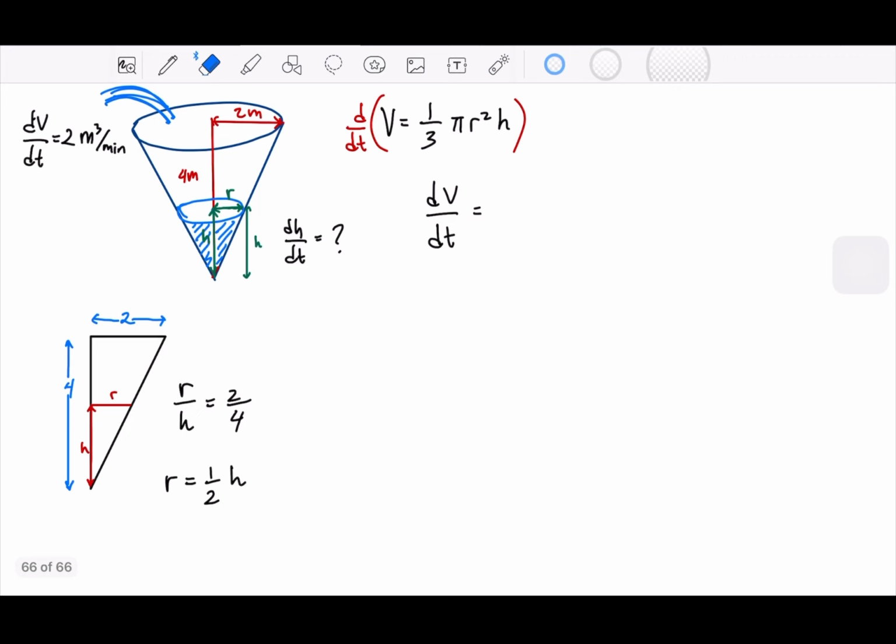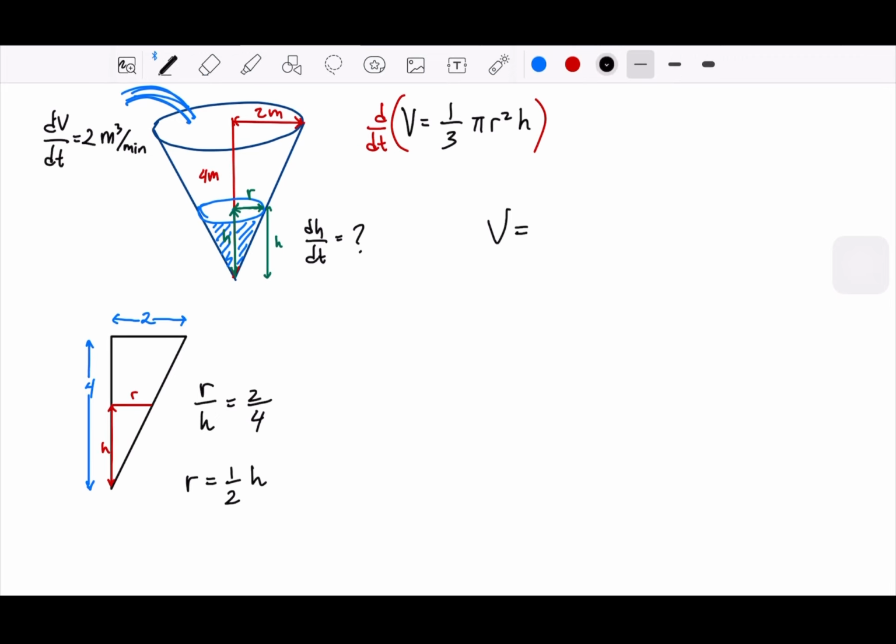Okay, so we take, changing first the v. This is h squared over 4. So h cubed over 4, right? Or v is pi over 12 h cubed. And then we take the derivative.